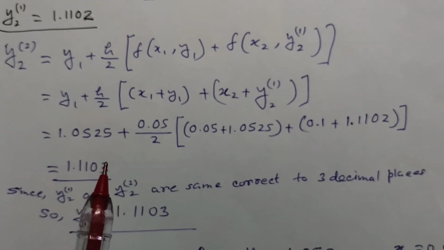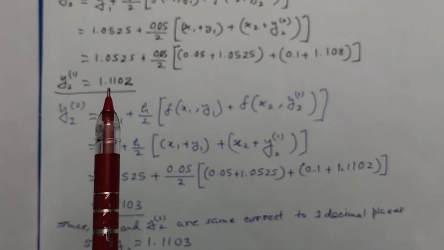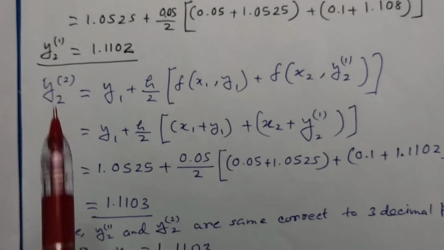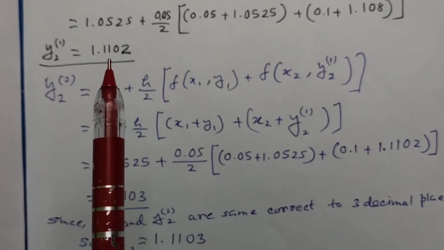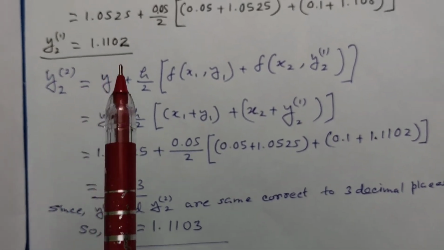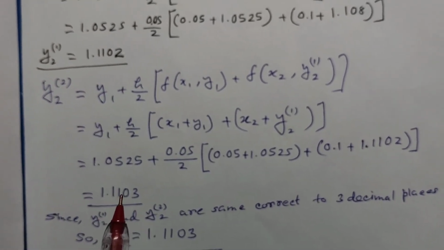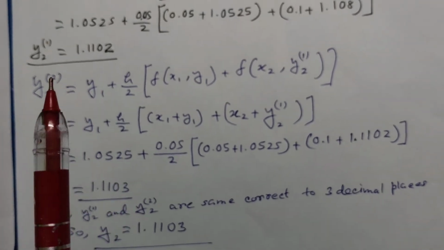1.1103, right? Now just check 3 digits after the decimal point for y21 and y22: 1.110, 1.110. So up to 3 decimal places they are correct.